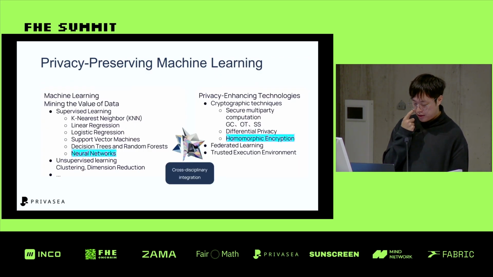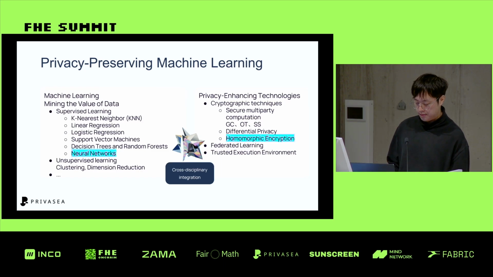And machine learning can be divided into many types, such as k-nearest neighbor, linear regression, logistic regression, neural networks, and so on. And PPML marries these methods with privacy-enhancing technologies. There are some cryptographic techniques such as secure multi-party computation, including garbled circuits, oblivious transfer, and secret sharing.